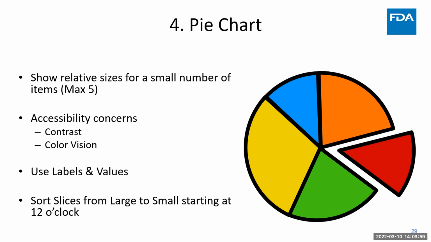There are things that we can do to make them more useful. The primary thing is to make sure your goal of this chart is to highlight some particular feature. And that's often done by pulling one slice out so you can see it separately. There are accessibility concerns, and that's because some people have difficulty telling the difference between different shades of color.